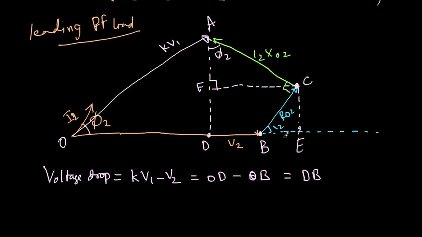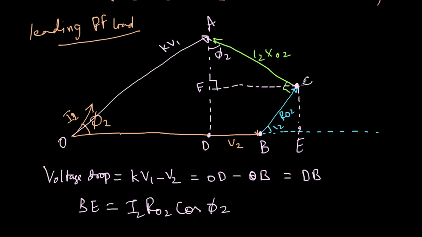So what is dB? So dB is nothing but ED minus EB. So this is nothing but ED minus BE. So actually the minus sign will come. So anyway, I'll just take this component. See what is BE? So BE will be I2 R naught 2 cos of phi 2.